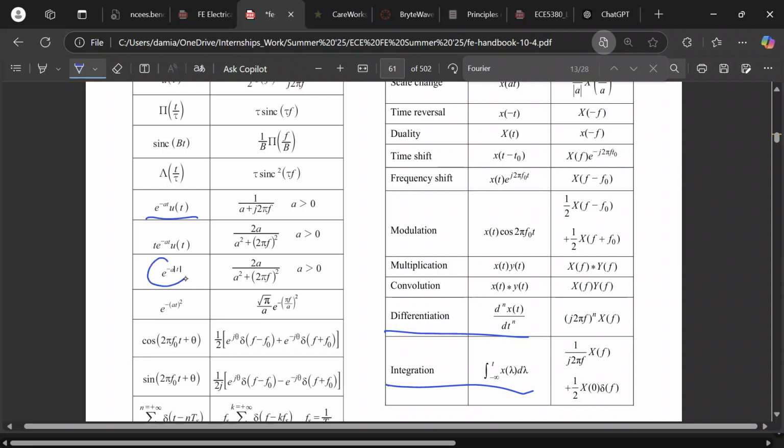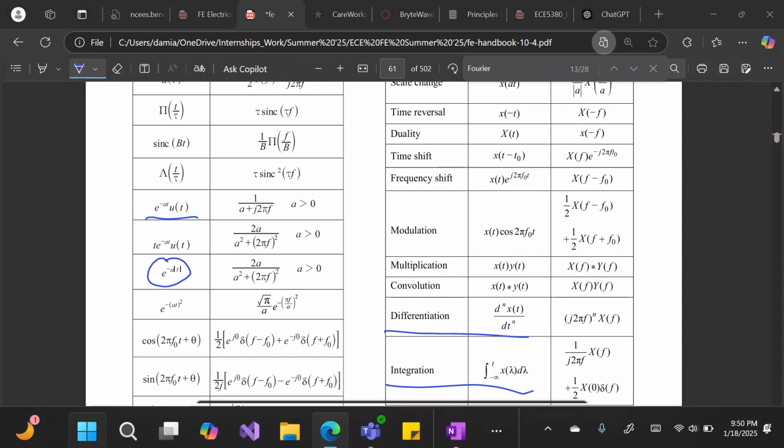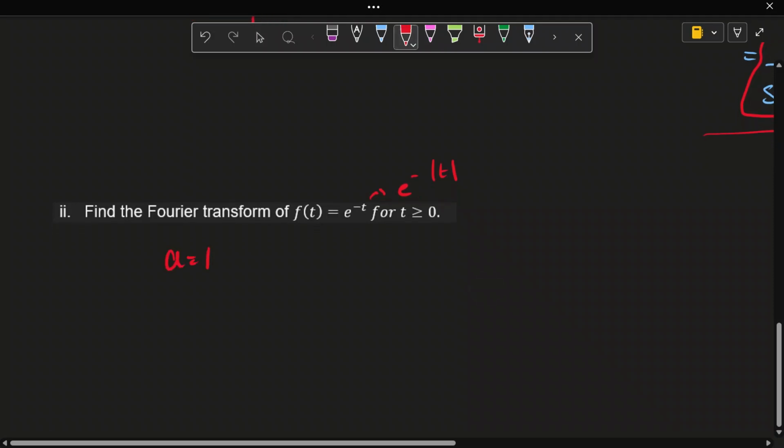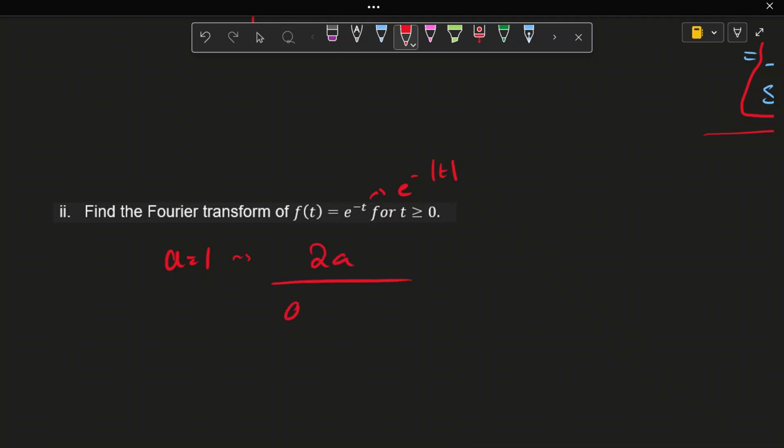What I see is right here, e to the negative alpha t. That's nice. So what do we have? Well, e to the negative a of t. What is a? Well, a seems to be 1 for us, right? We have e to the negative t. So a is equal to 1. Well, that means we have it in the form of 2a over (a squared plus (2 pi f) squared).